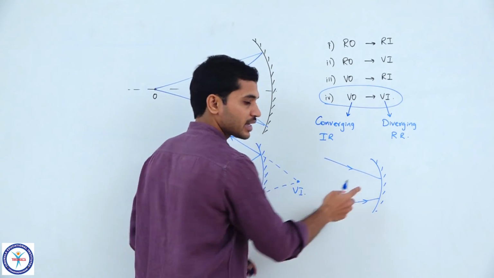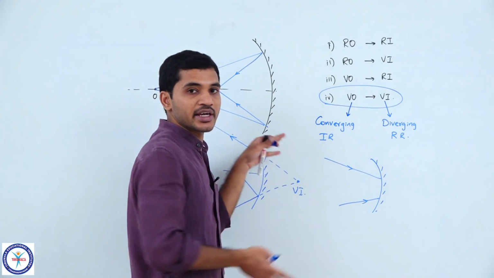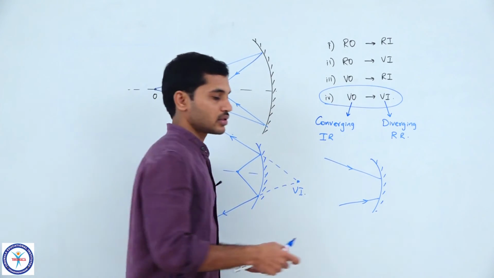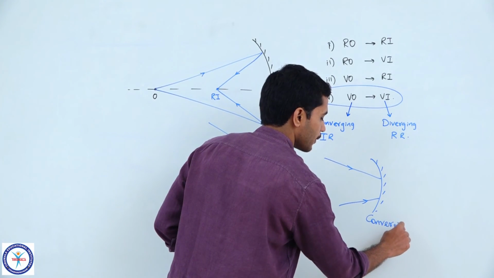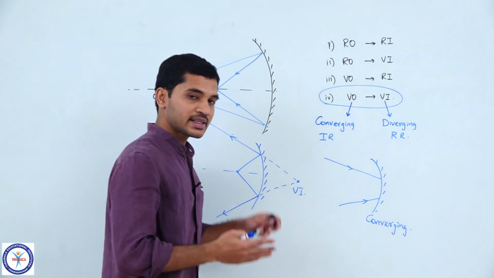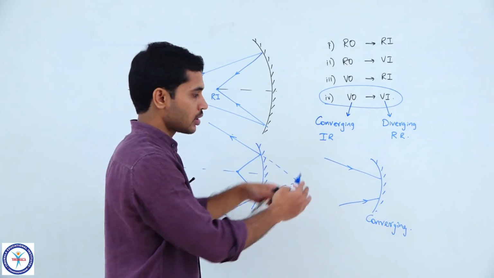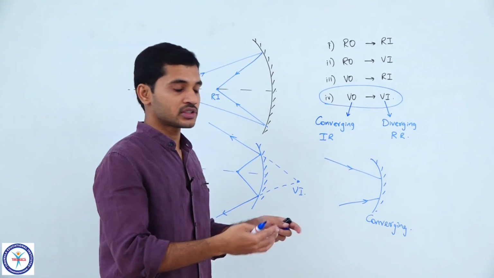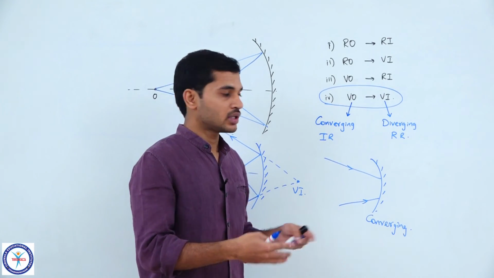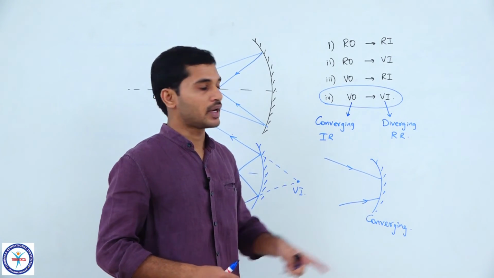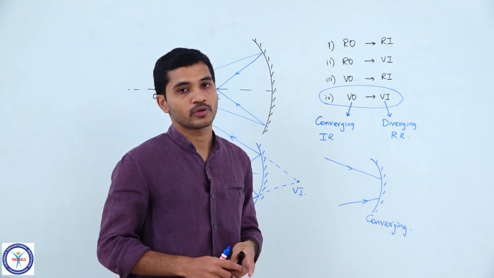It can never make a converging beam into a diverging beam. You know the reason? Because a concave mirror is a converging mirror. So, already the light rays are converging, and the mirror will further try to converge them. So, the reflected light rays will be even more converged, they can never become a diverging beam, and that is the reason why this case is not possible.